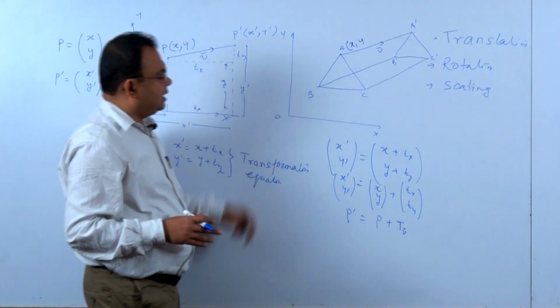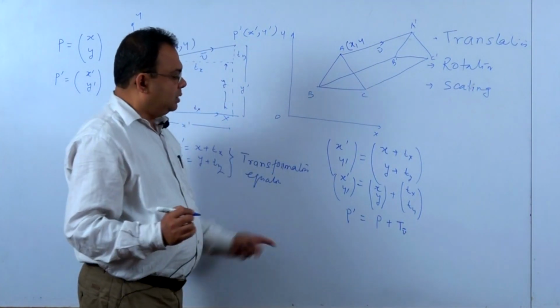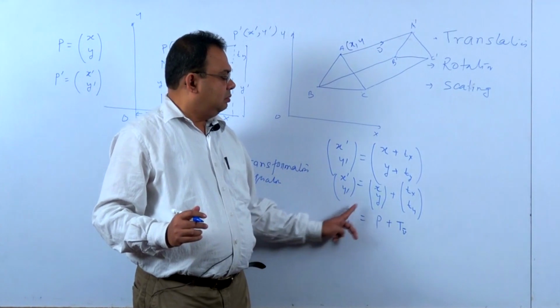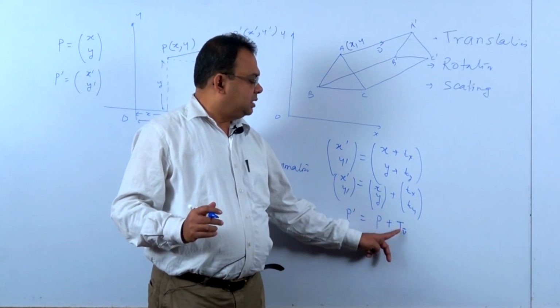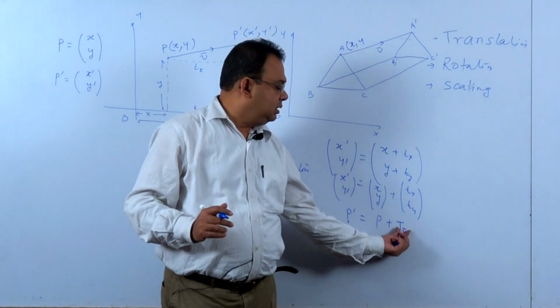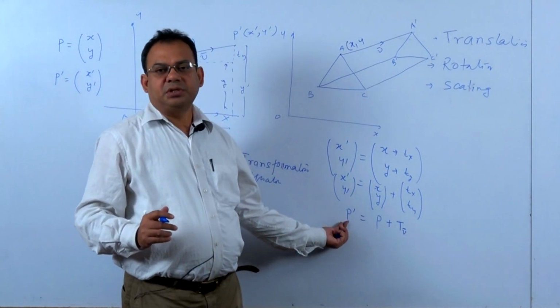So V is the direction specified for this translation. So in this case the transformation equation is just the addition of two matrices. This transformation matrix, which is nothing but an operator, is added to the object point, and we get the corresponding transformed points.